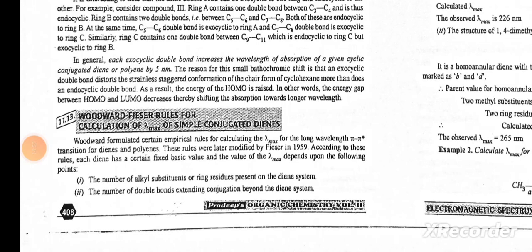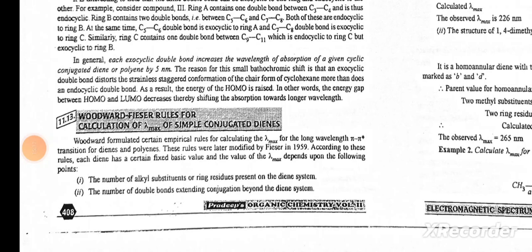Woodward-Fieser rules for calculation of λmax of simple conjugated dienes. Woodward formulated certain empirical rules for calculating the long wavelength π to π star transition for dienes and polyenes. These rules were later modified by Fieser in 1959.